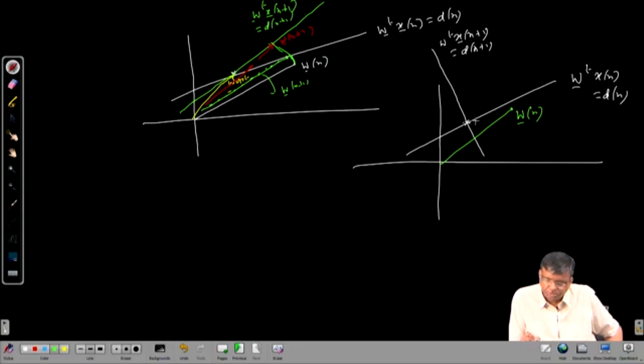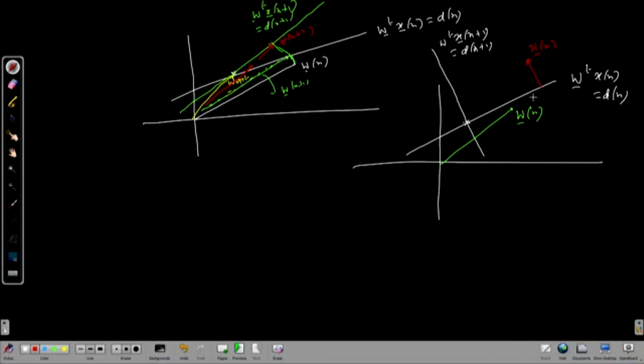Now, any vector lying on this line, we have just seen previously, will be orthogonal to, that is at 90 degree with, the x n vector. So, this is the direction of the x n vector. We have seen earlier, any vector on this line will be orthogonal to this.